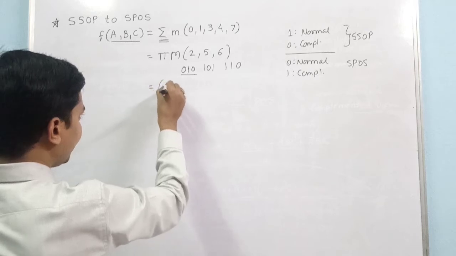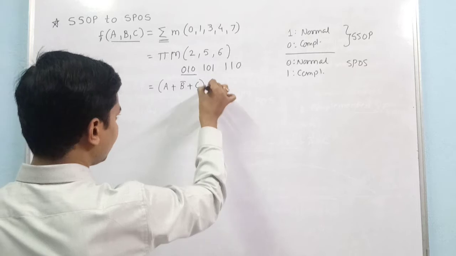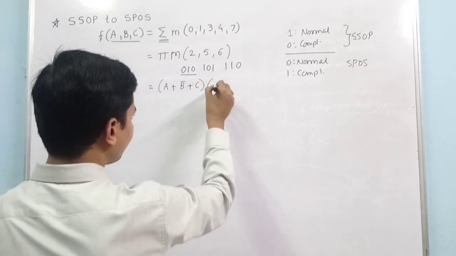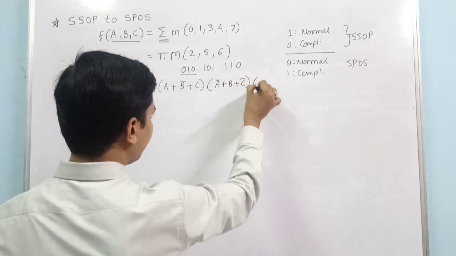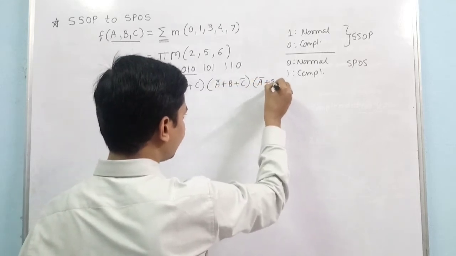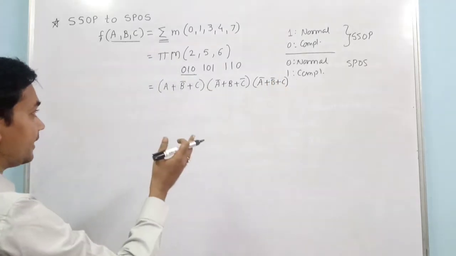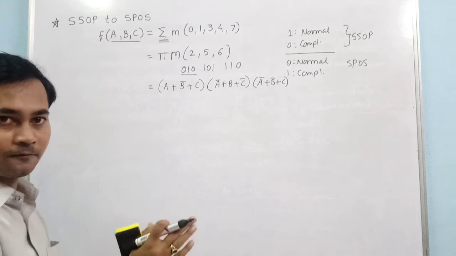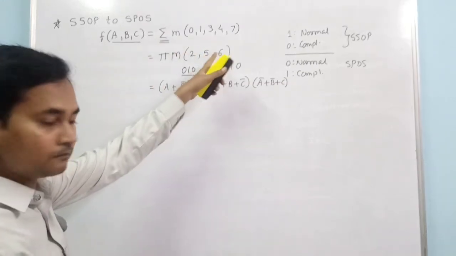So A plus B bar plus C. Now for 101, A bar plus B plus C bar, and for 110, A bar plus B bar plus C. This way we can write standard POS form for the given standard SOP form.